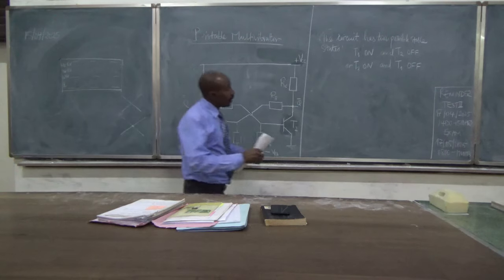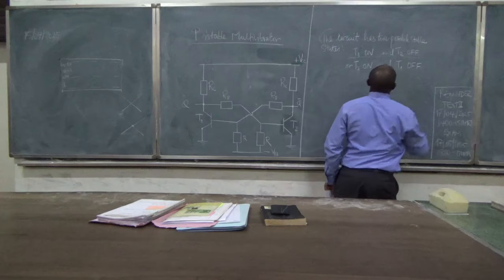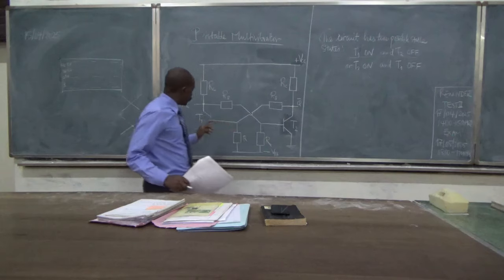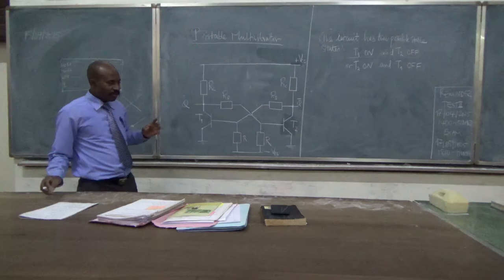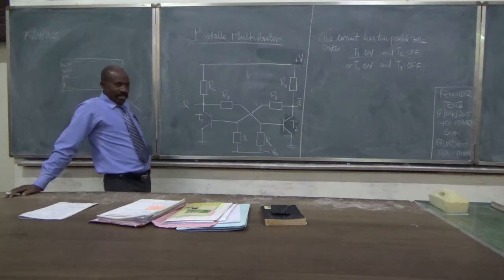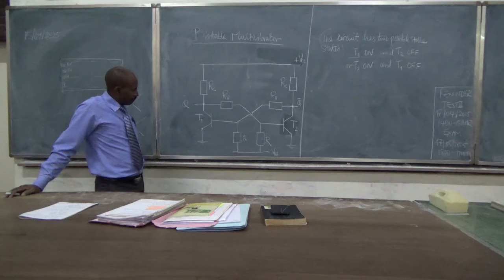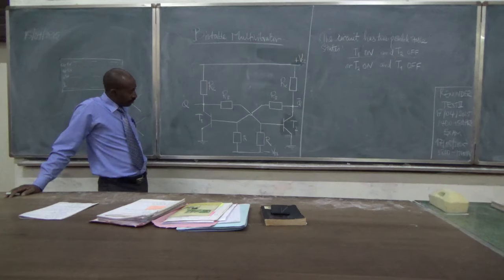Let's start with this step: T1 is on, then T2 is off. So T1 is on, meaning that there is some current flowing through IC.